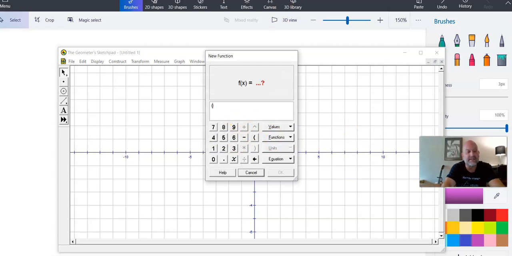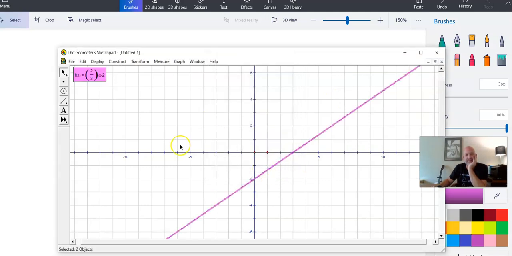So let's say that this line is 2/3 times x minus 2. Okay, so we have 2/3 times x minus 2. Let's graph that guy. Okay, so that's that line.